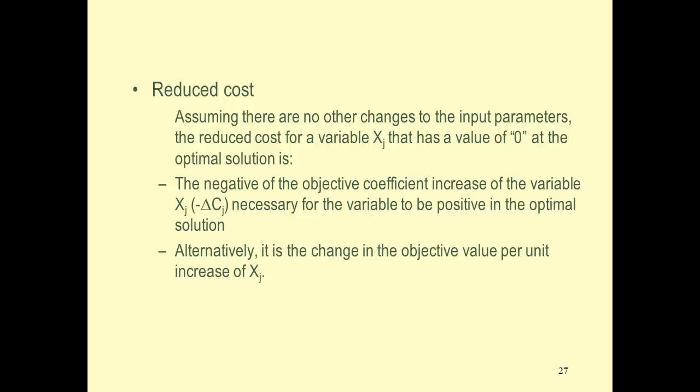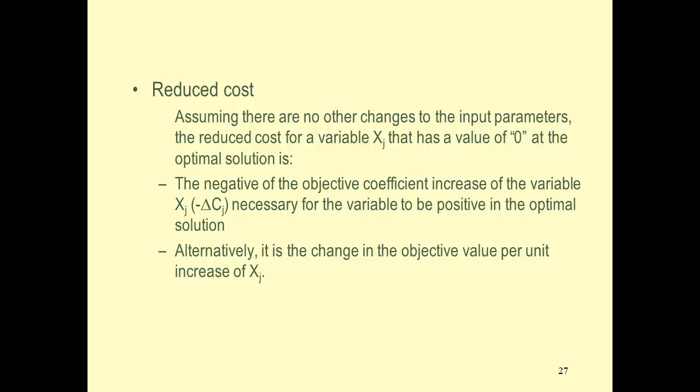Assuming there are no other changes to the input parameters, the reduced cost is for a variable that has a value of 0 in the optimal solution. There are two ways to look at it: it's the negative of the coefficient increase of the variable necessary for the variable to be positive in the final solution, or it's the change in the objective value per unit increase of x.